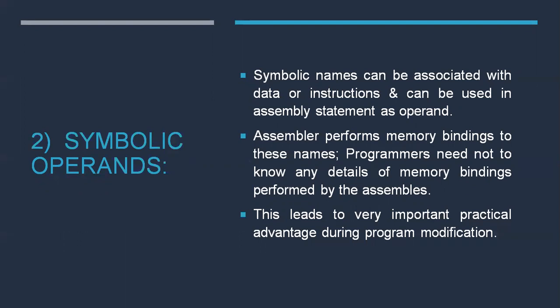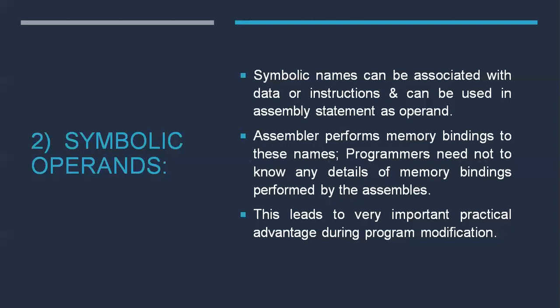A containing 10, B containing 5, and C is the variable or symbolic operand which can be written as C equal to A plus B. So A is the symbolic name of our data, B is the symbolic name of our data. Now A plus B means the combination of 10 plus 5, so this will be 15. Now 15 will be assigned to C.